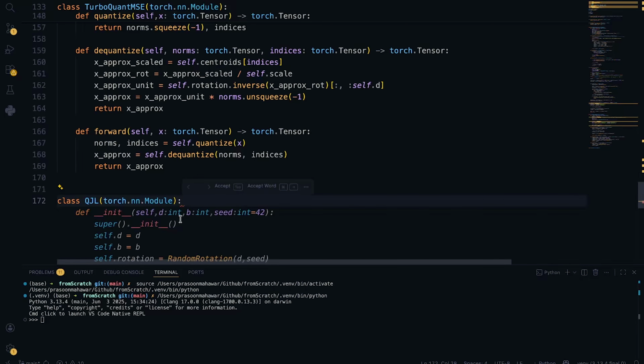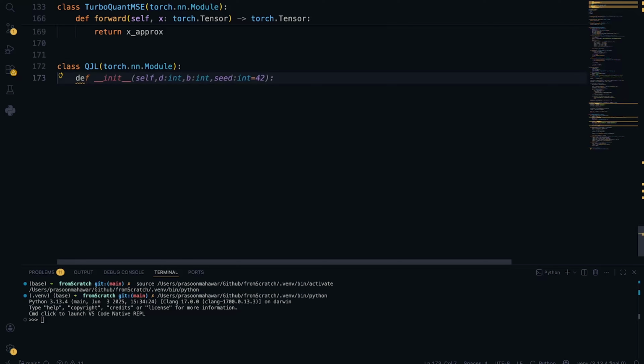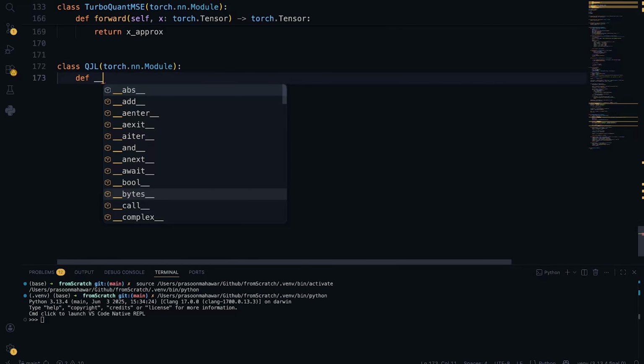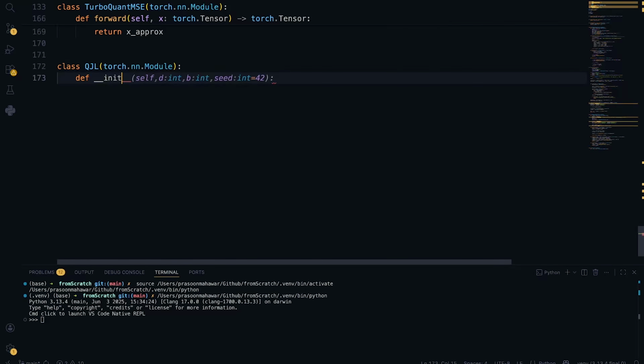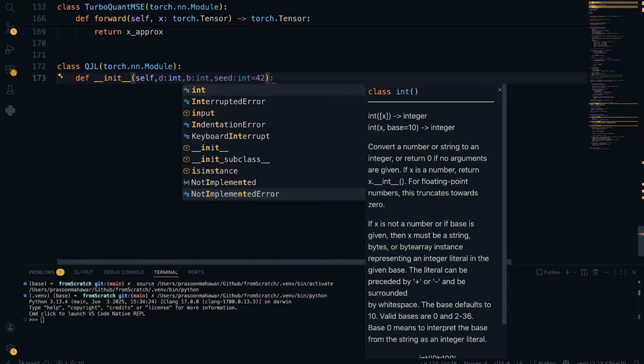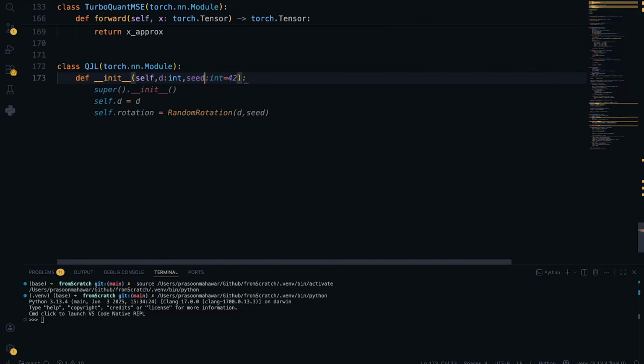The first method is again the def __init__ method. This will again have self, and we have the seed again, and this time we can keep the seed as 123.